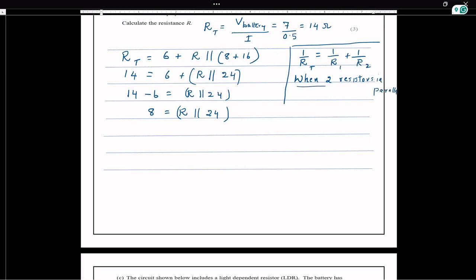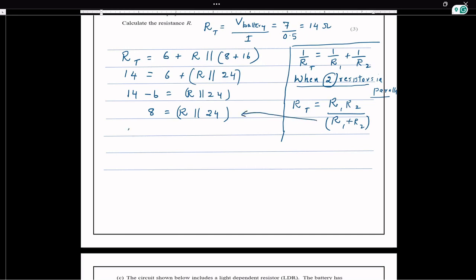When two resistors are connected in parallel, directly we can calculate the R total by dividing the product of the two resistors by the sum. This way we can directly calculate. Please remember, this is exclusively for two resistors connected in parallel. R total is R1 R2, the product over sum. So in this case, I want to use this method here.